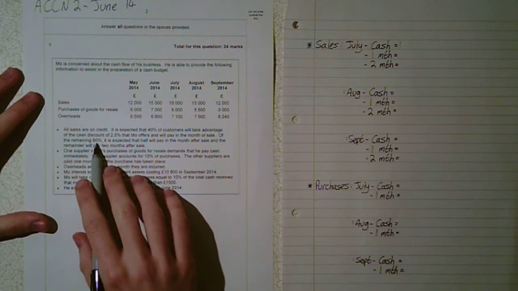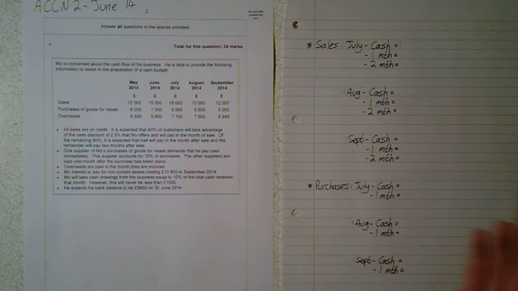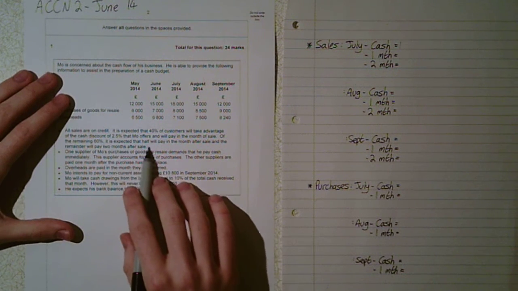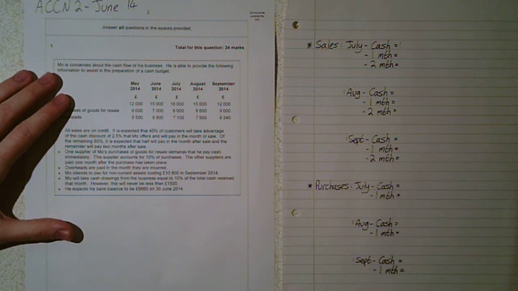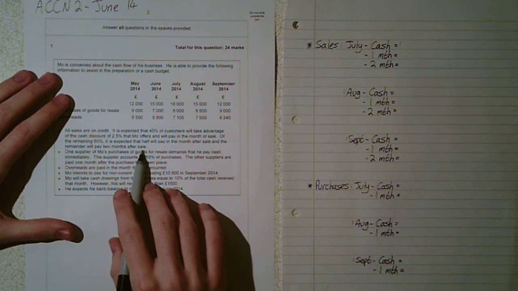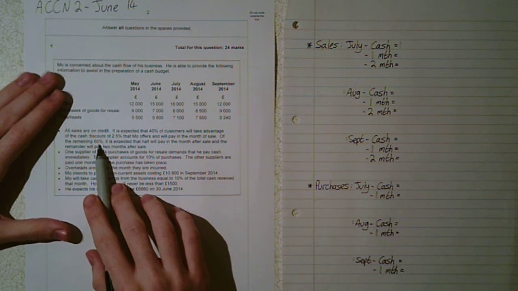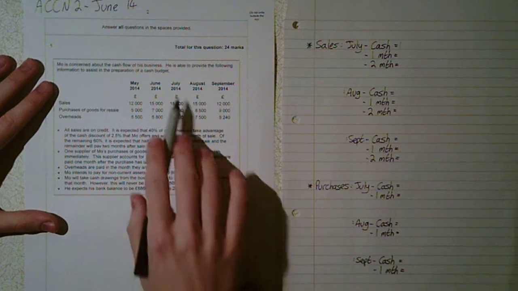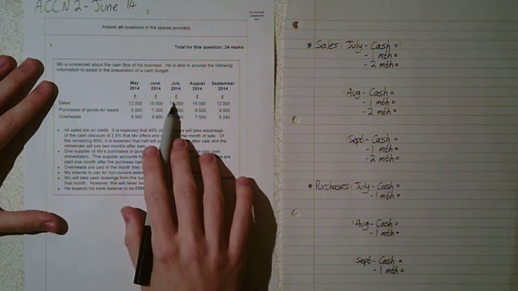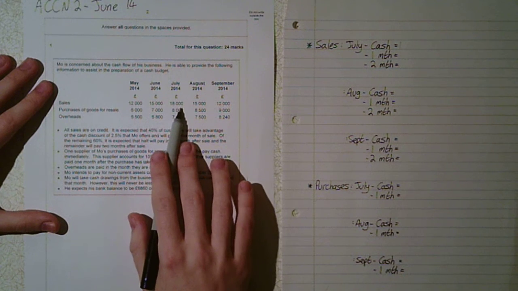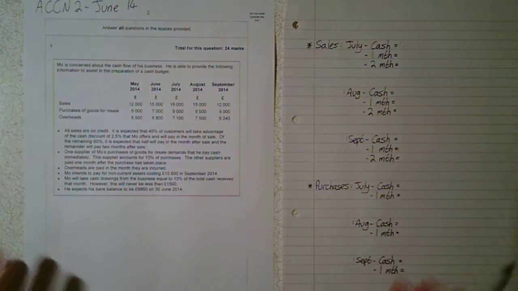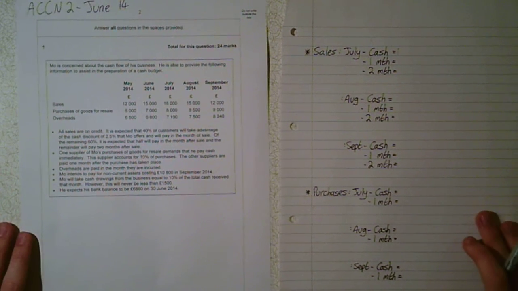Of the remaining 60%, because we've done 100% minus 40%, it is expected that half will pay in the month after sale and the remainder will pay 2 months after sale. So half of 60% is 30%, so 30% of July sales will pay in August and 30% of July sales will pay in September. It's as simple as that, really.